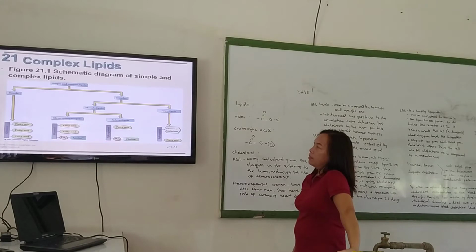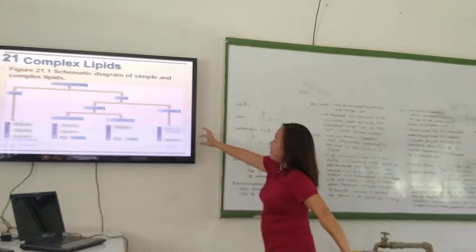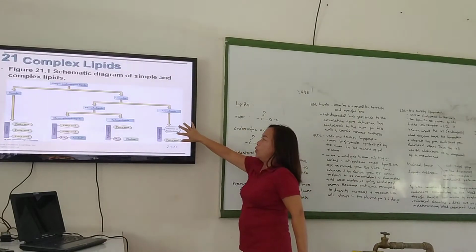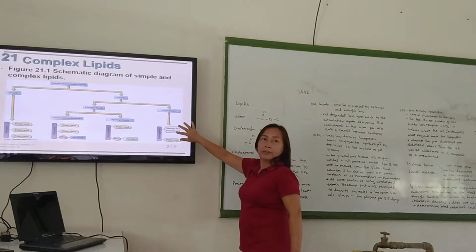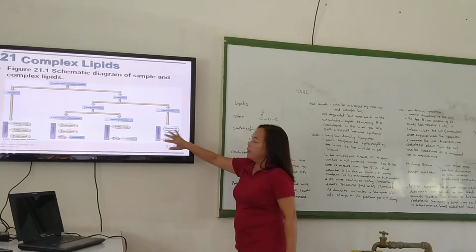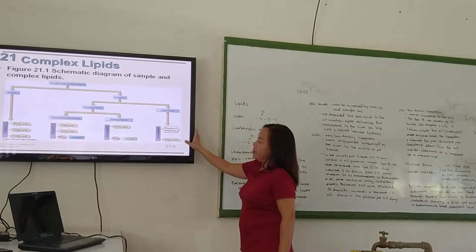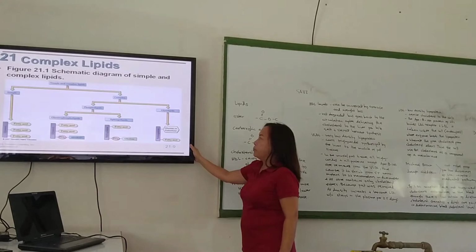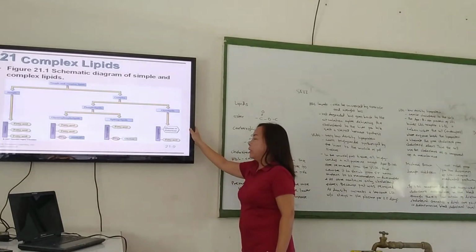Phospholipids and the glycolipids. Now, the glycolipids consist of fatty acid. Of course, we have the sugar, the glucose or galactose. And there's another molecule, the sphingosine. So that comprises mainly our glycolipids.